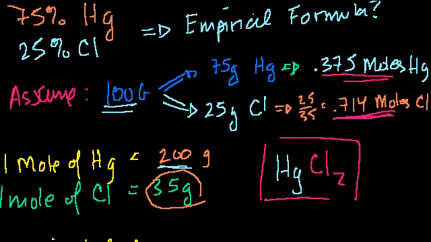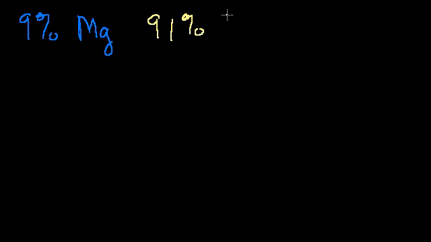Let's do another one of these. Let's see how the numbers turn out for this one. Let's say you have another bag that is 9% magnesium, and let's say the remainder of the bag, 91%, is iodine. The way to do all of these is just to do the same thing.